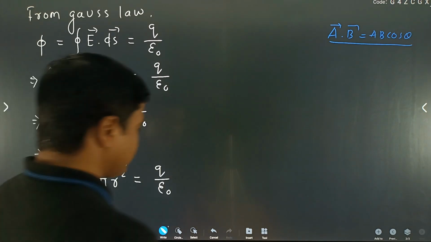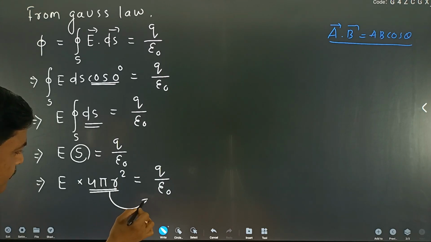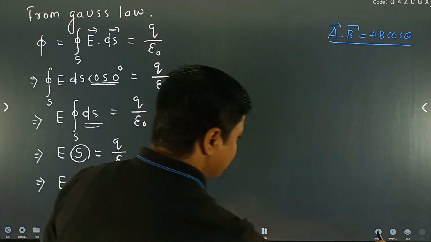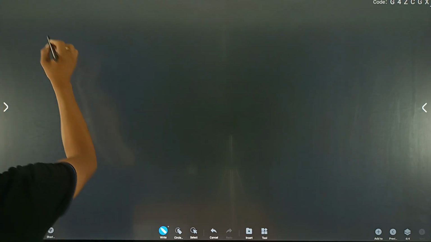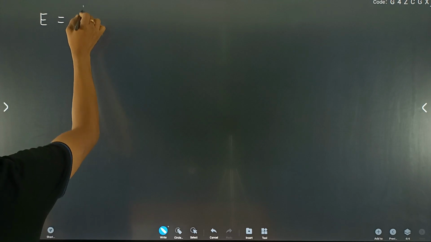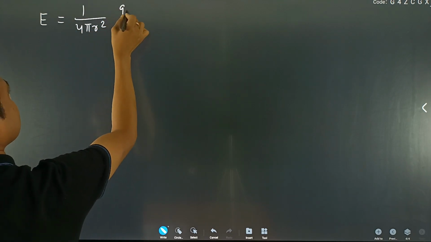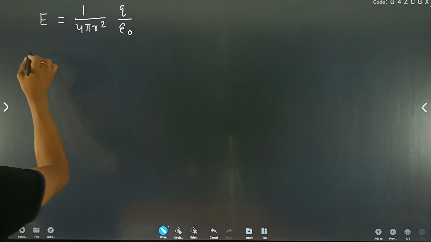Clear? Then what is E, the electric field? We take 4 pi r square to the right hand side, and finally we write electric field E is equal to 1 divided by 4 pi r square times q divided by epsilon 0.